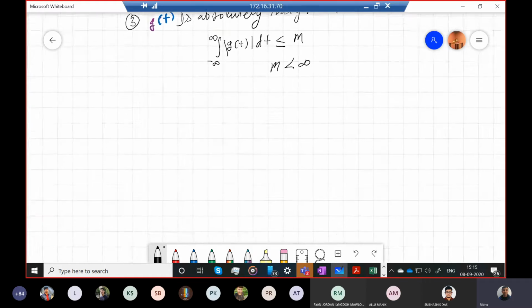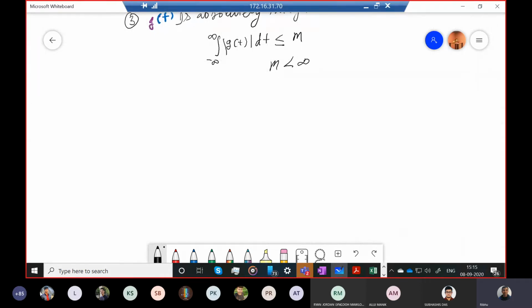Fine. So this essentially means that if g(t) is an energy signal, it should have a Fourier transform.